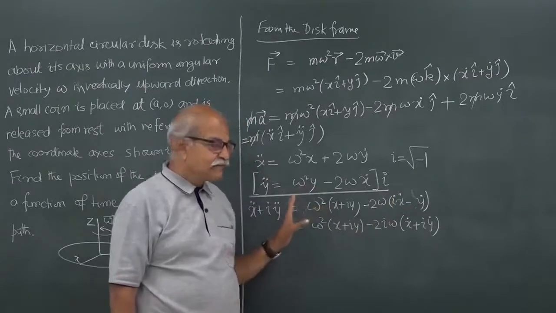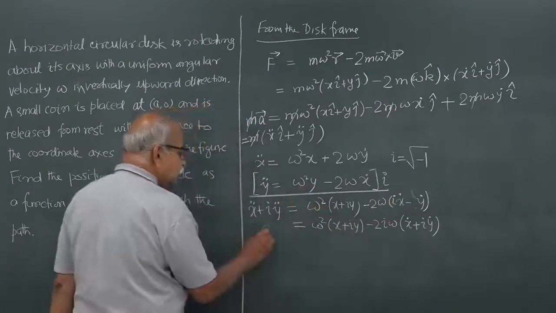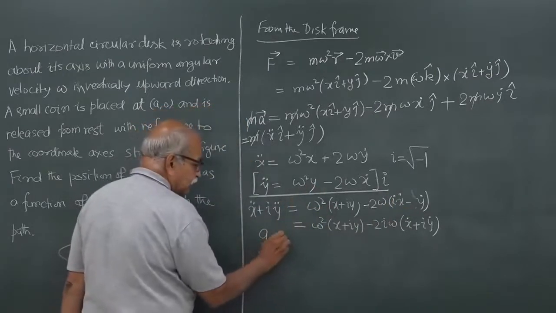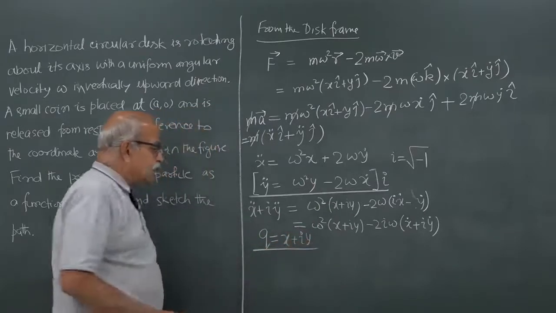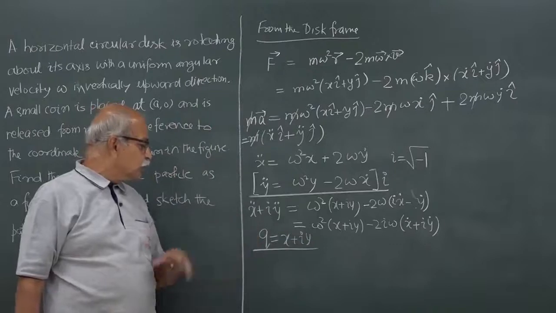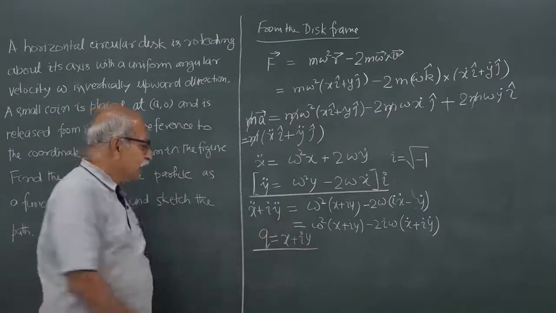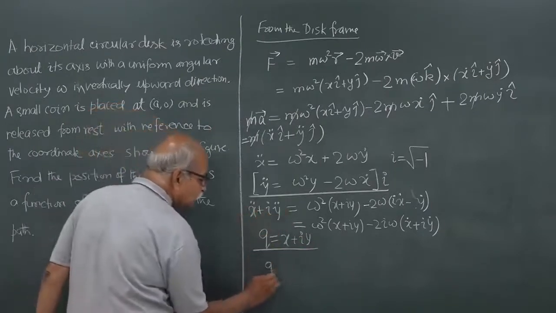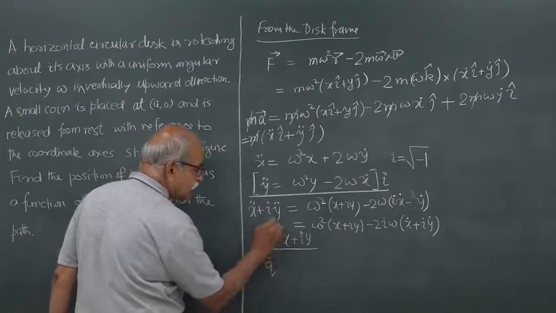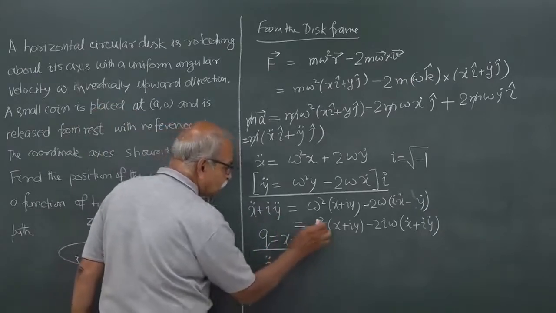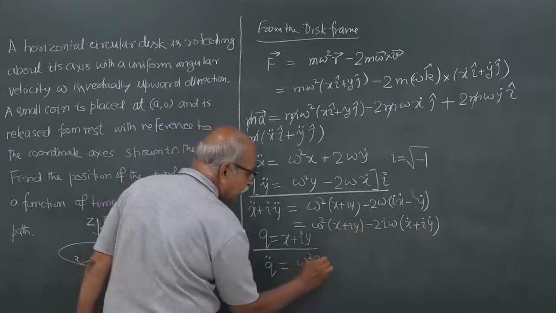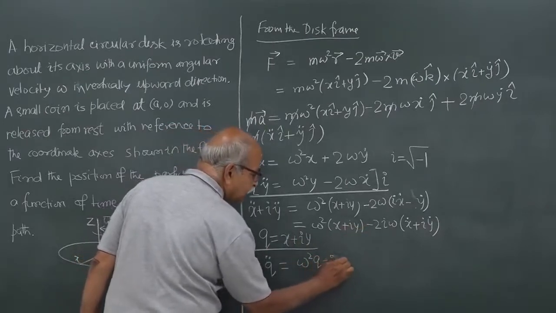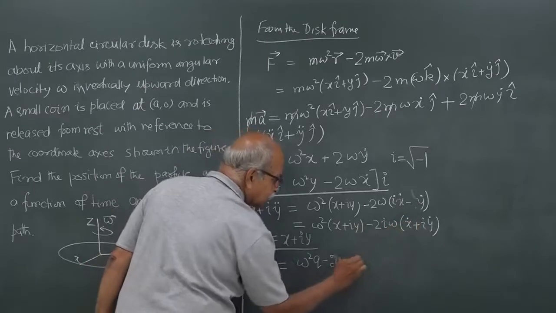So this is it. Now define q, which is x plus iy. Let us define this quantity q, which is x plus iy, and then it is q double dot equal to omega square q here, minus 2 i omega here, and this is q dot here.